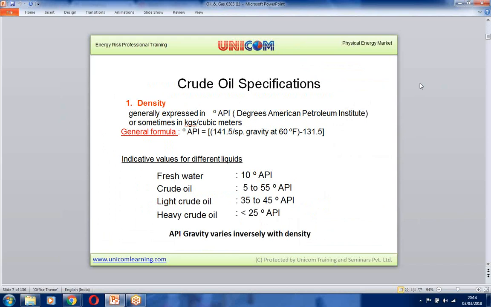Medium grade crude oil will have an API from 25 to 36, and heavy crude oil will have something between 10 to 26. Fresh water is 10 API, and based on that we have come up with the different grades of API for crude oils.